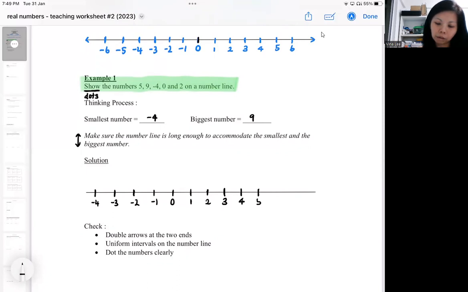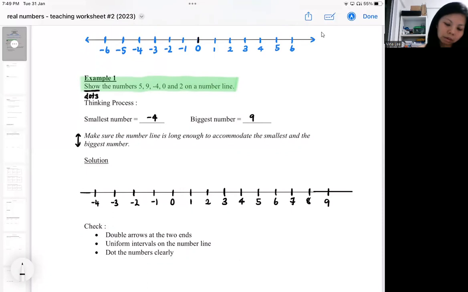I'm not answering the question yet. I'm only preparing my number line so that I can have sufficient space. You can always extend it out if you need to.